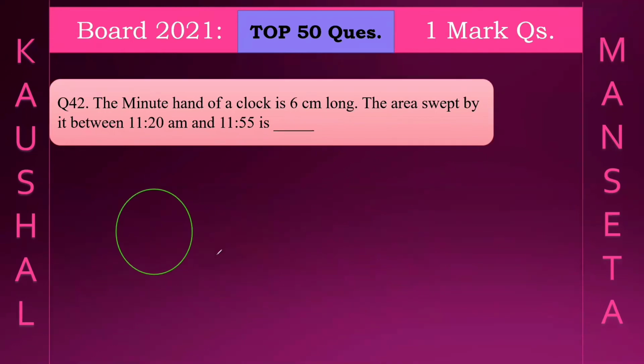Now we are going to find the area swept between 11:20 am to 11:55. So we check 20. Here is 15, 20 is here, then 5, 6, 55, this is the 55, 9, this is the 8 and 7. So what is our goal? We are going to find the area between 20 and 55, yes or no?